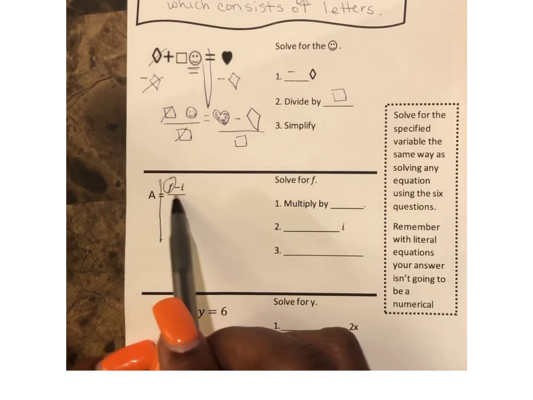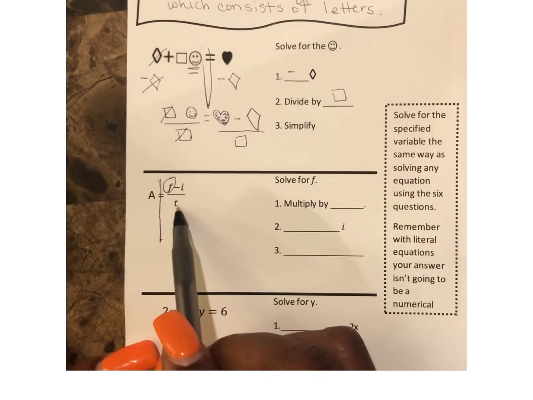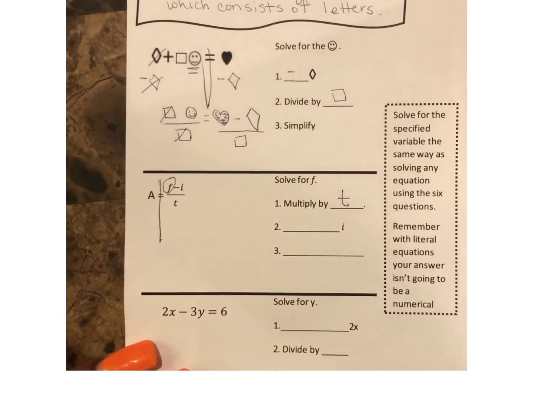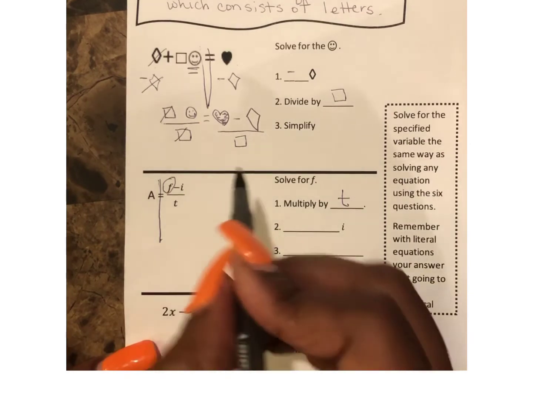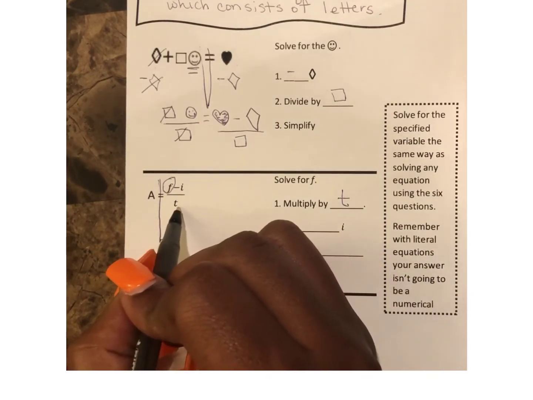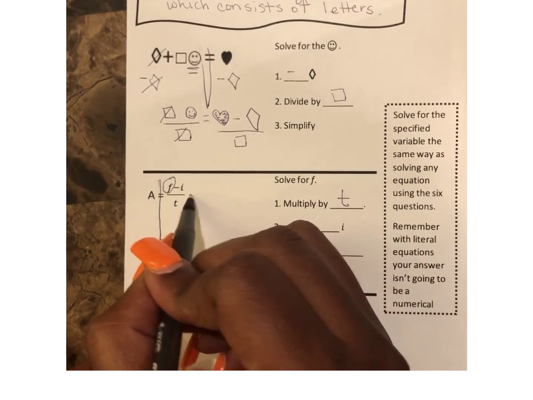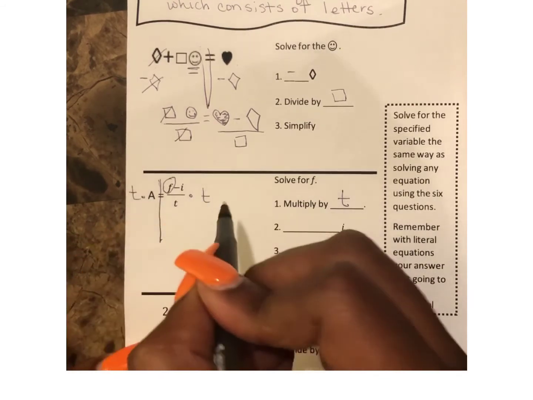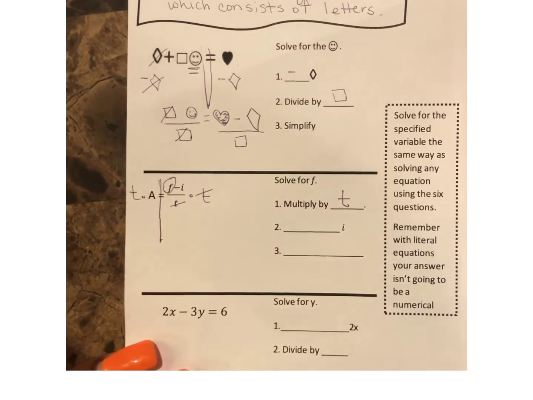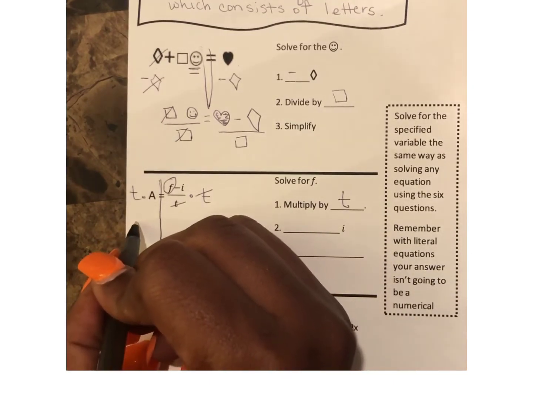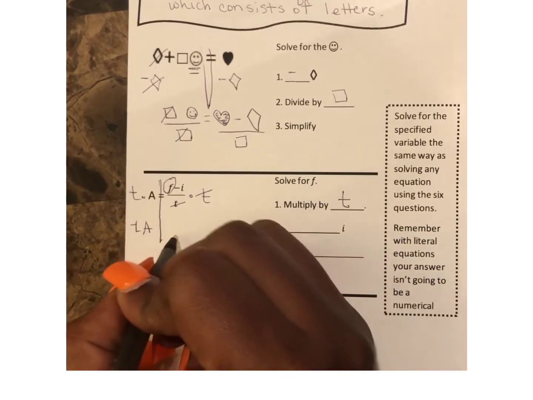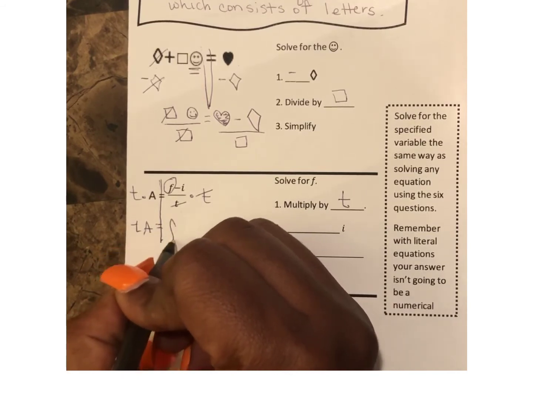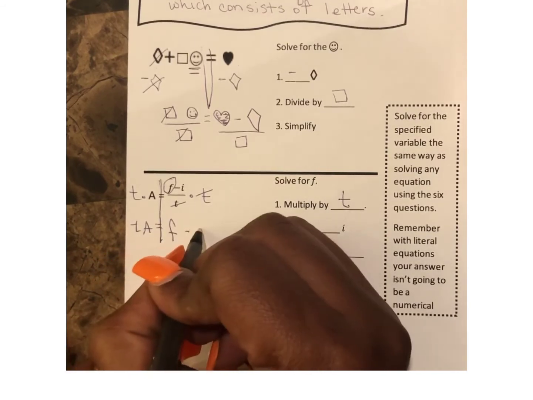And since this is a division sign, to move the t, we have to multiply by t. So times t, whatever you do to one side, times t, you do it to the other side. And so we have t a equals f minus I.